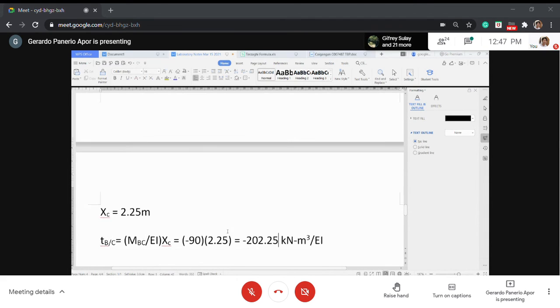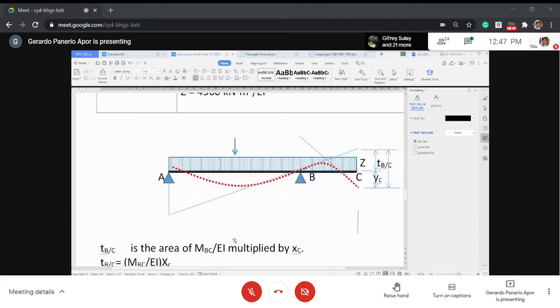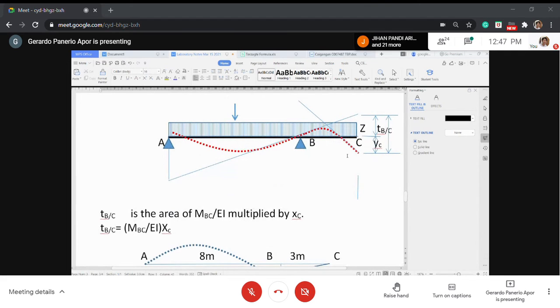Okay. Now, supposedly, hindi tayo gamit ng absolute value lang because we are referring to a diagram. So, from this diagram, we can take the absolute value. So, just equate TBC equals to Z plus YC. No?